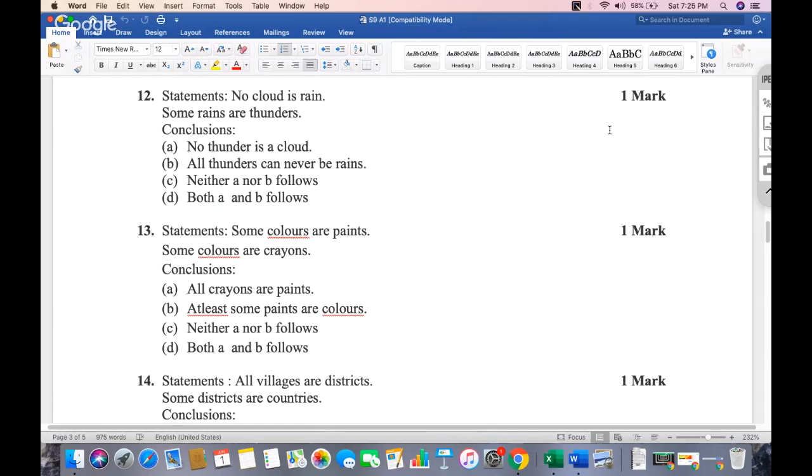And question number 12, most of you are giving option C, few of you are giving option A. Let me check what is the correct answer and discuss it with you.